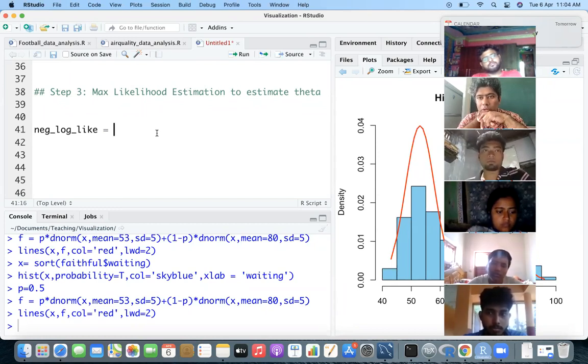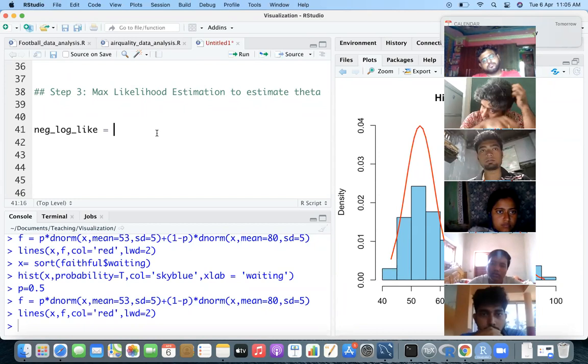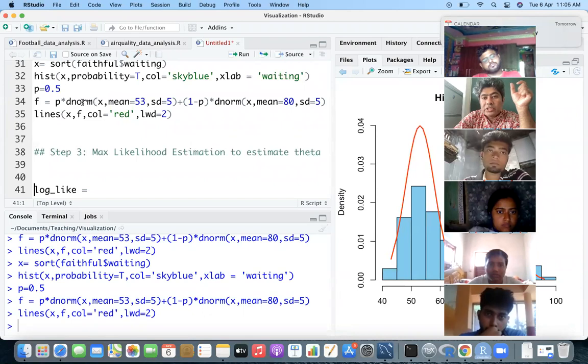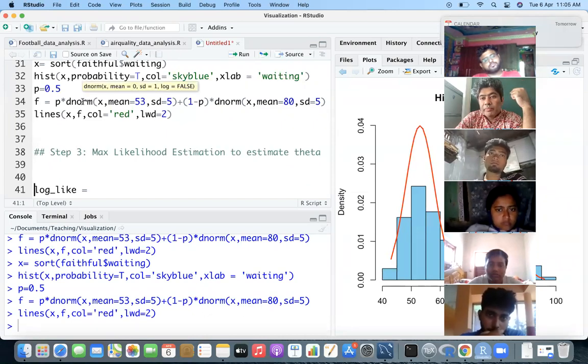Sir, because the function is like we have to maximize the function. That we will do. So the first thing, why we want to work with log likelihood and not likelihood, is because remember that these density functions are typically, you can see, the values are coming very small.